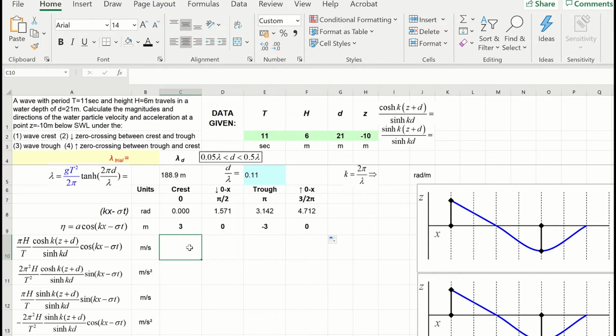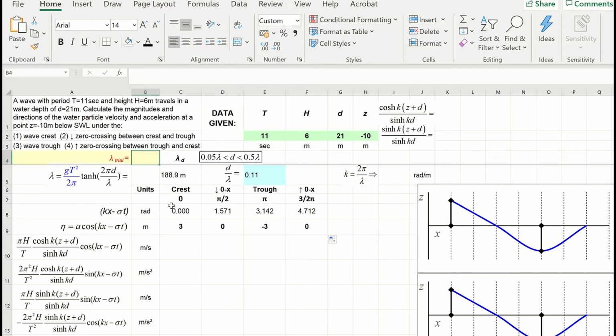And now I need to calculate my velocities and accelerations. To do this, I would need to calculate my wavelength for intermediate water wave using the full equation. And here we have wavelength on both sides, therefore I will use solver to calculate this.